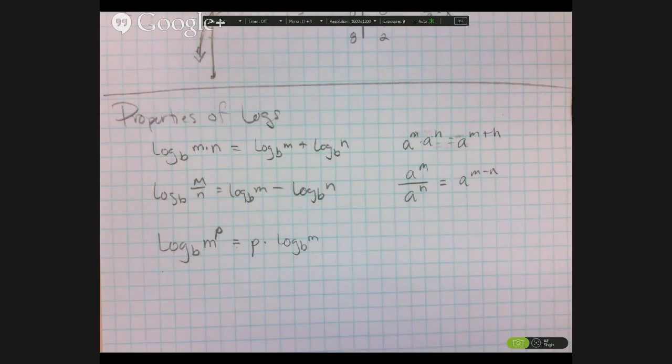There's not a power rule we can relate it to, so it's just something you have to know is true. Just trust that it's true. We could derive it, but I don't think it would be beneficial. So we're going to use these and the definition of logs to solve equations.